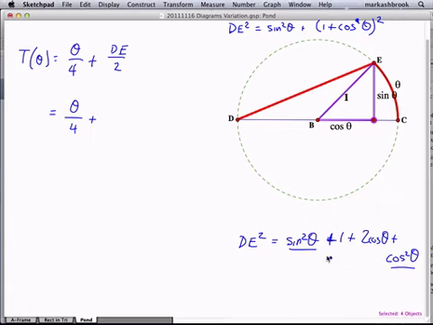So those together equal 1, so we get 2 plus 2 cosine theta. Now, that's dE squared. So what's dE? Distance over rate for swimming, distance over rate for walking.